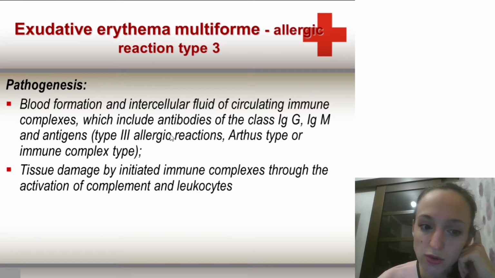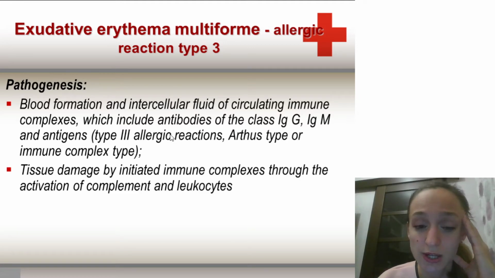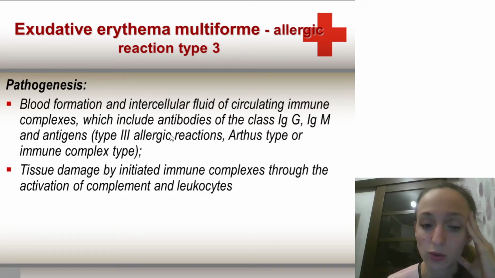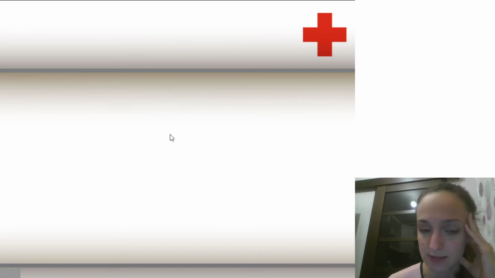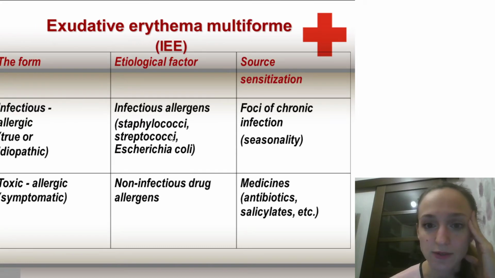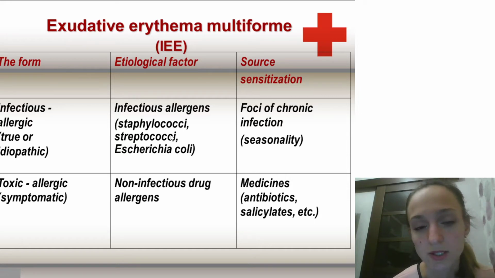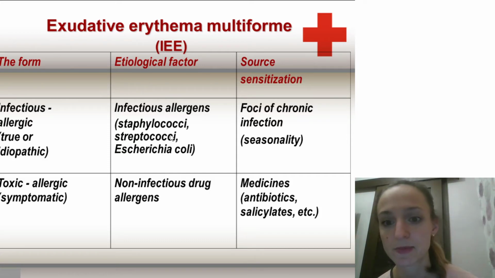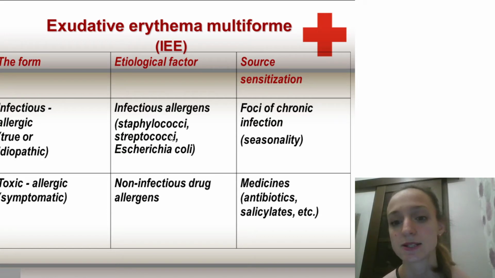Next one, tissue damage by initiated immune complexes through the activation of complement and leukocytes. Exudative erythema multiforme, the form of infectious allergic, true or idiopathic. Then etiological factor, infections, allergens, and different microorganisms. Source of sensitization, dysbacteriosis, or chronic infection.